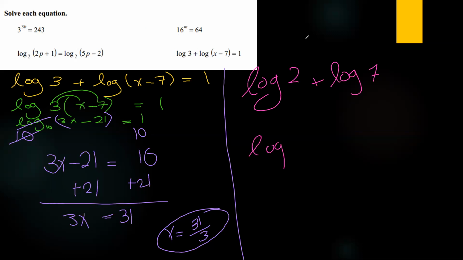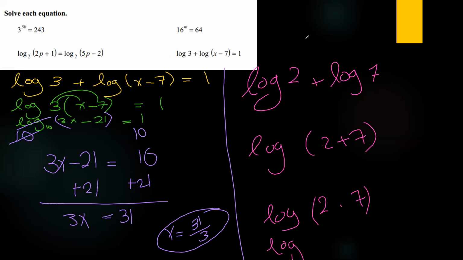The second one, logarithm of 2 plus 7. Logarithm of 2 times 7. And logarithm of 2 times logarithm of 7. Here now you have 4 cases. You have to differentiate between them.